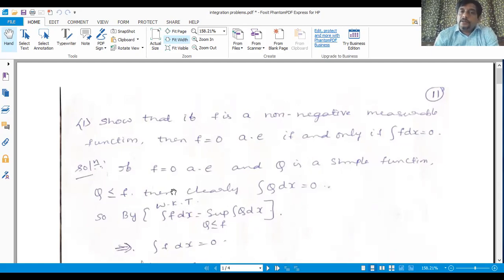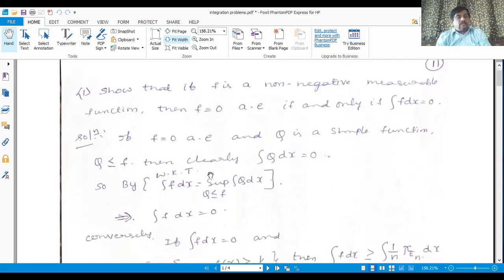Here what is given? The given function is a non-negative measurable function. Then there are two parts: f is equal to 0 almost everywhere if and only if the integral of f dx is equal to 0.